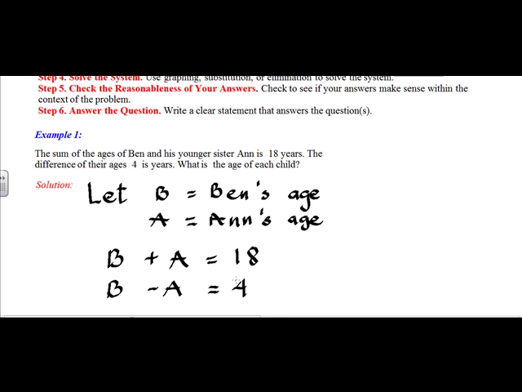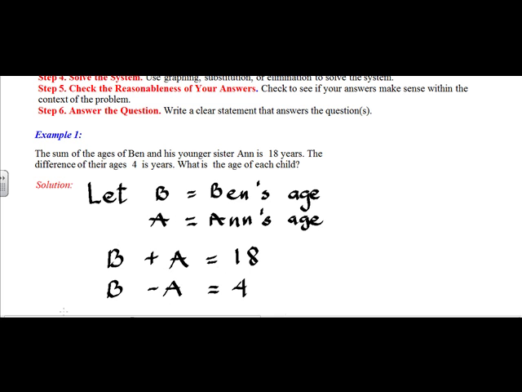Now, step 4, we have to determine which method you want to use to solve the system. You can use graphing, substitution, or addition. Well, in this problem, if you eyeball these two equations quickly, you see that if I add the two equations together, the A cancels out.